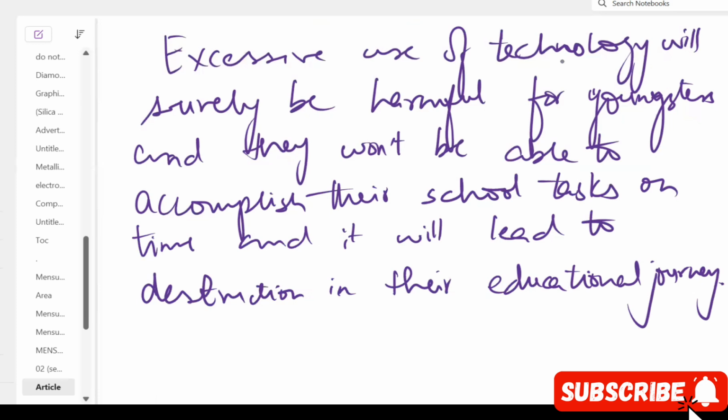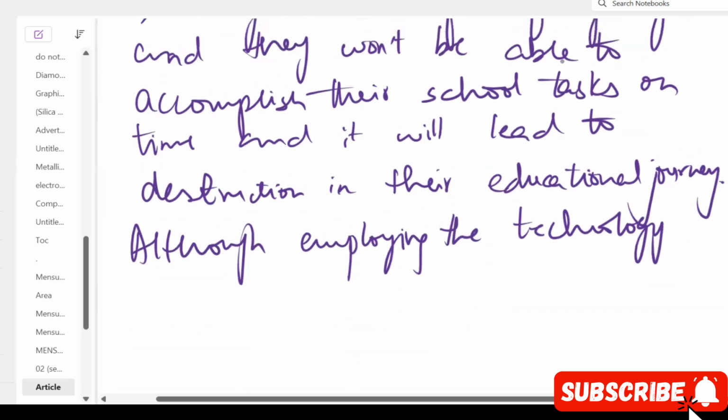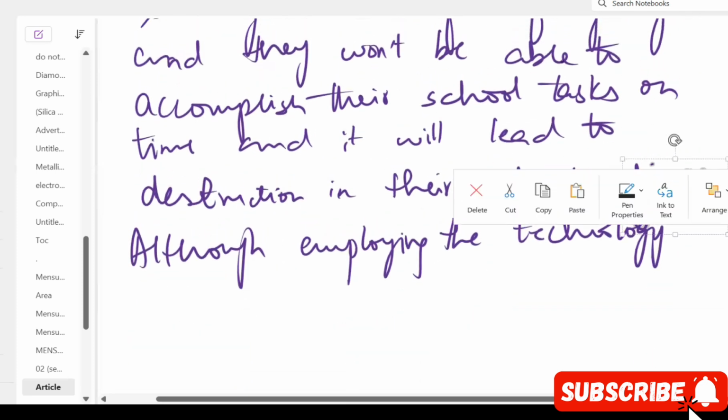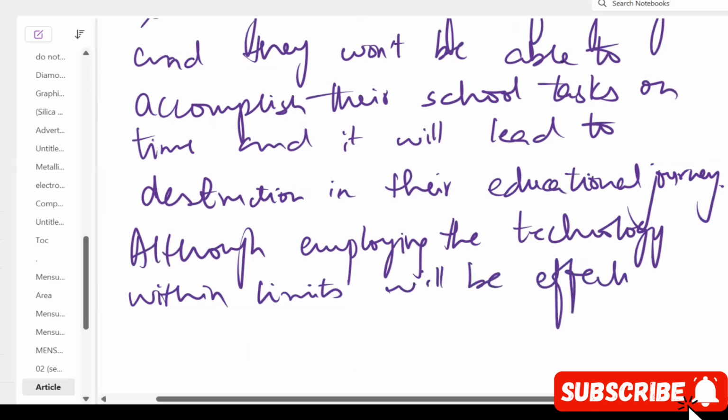By keeping a balance, we can also write that although employing the technology within limits will be effective.